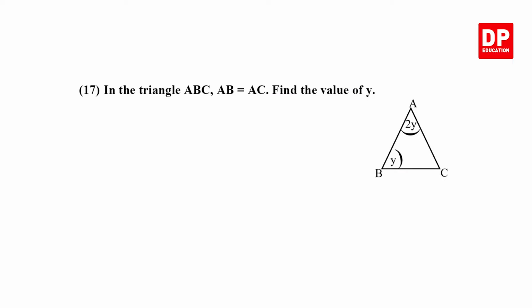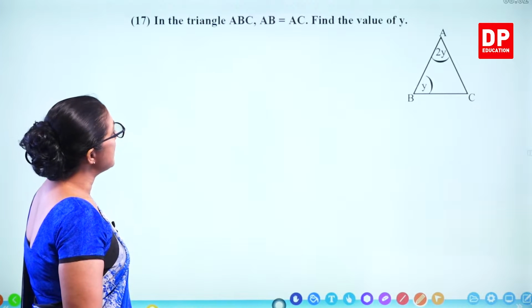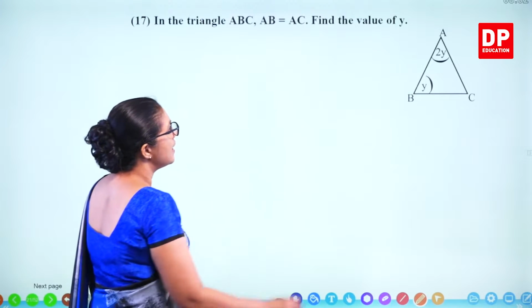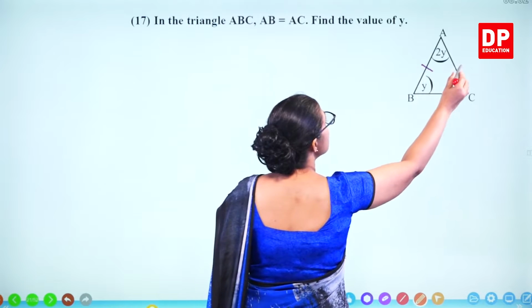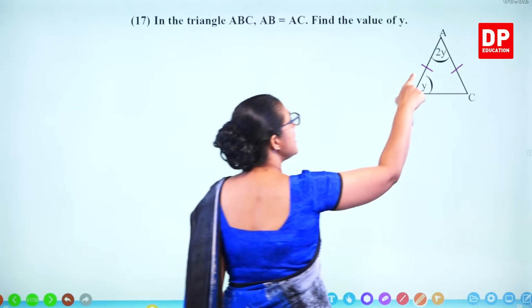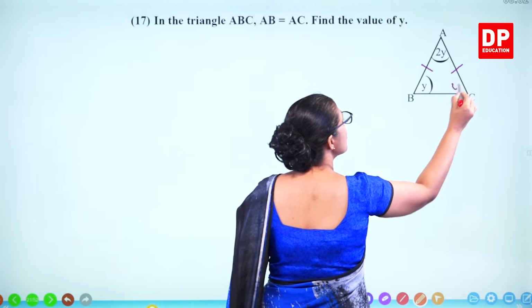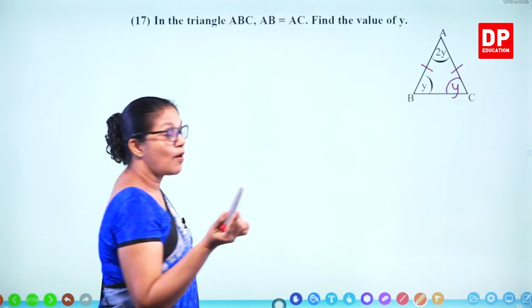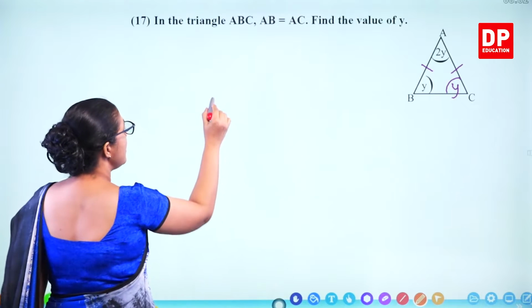Question number 17. In the triangle ABC, AB is equal to AC. So this is an isosceles triangle. If this is y, this is also y. Now you can write down an equation.